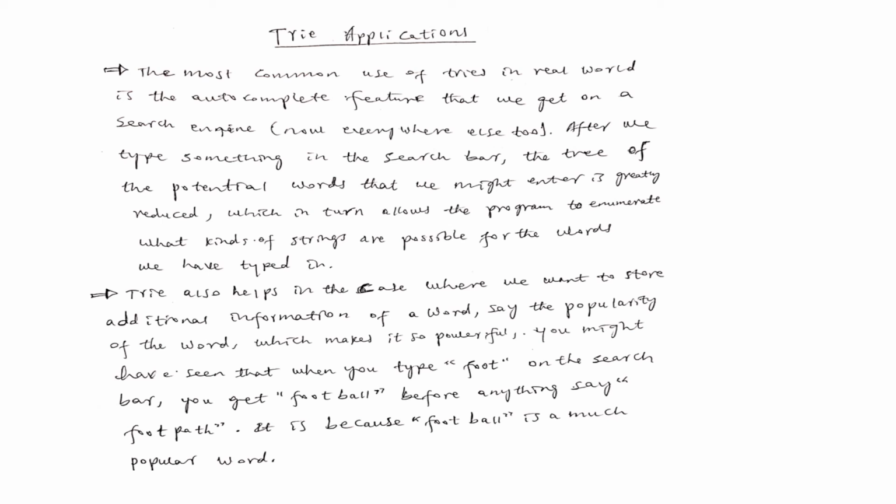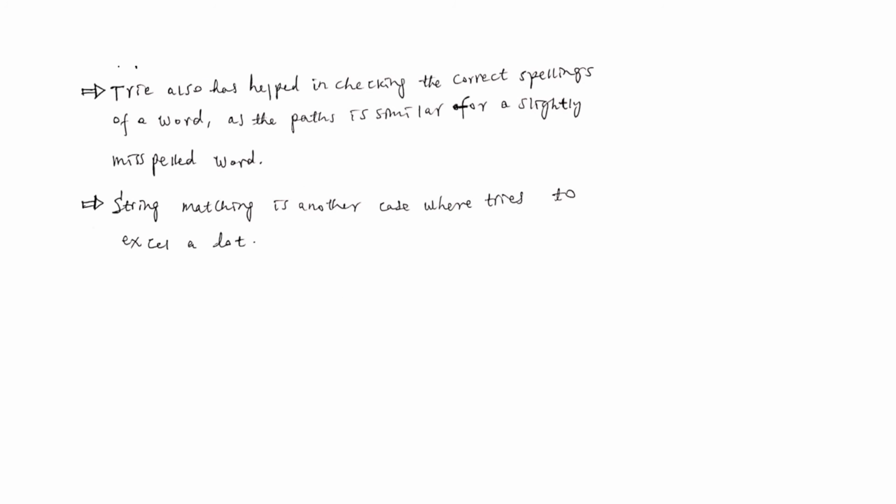For example, we may want to search food patch, but we immediately get football because it is much more popular than the word we are looking for. Trees also help in checking the correct spelling of a word.